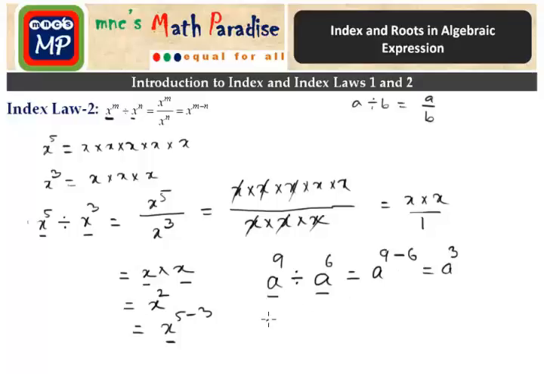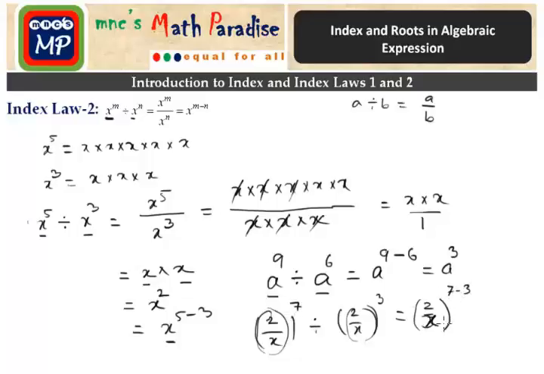If we have 2 by x to the power 7 divided by 2 by x to the power 3, since the bases are the same, 2 by x, the base will remain the same, 2 by x, and for division the power will be just subtracted.